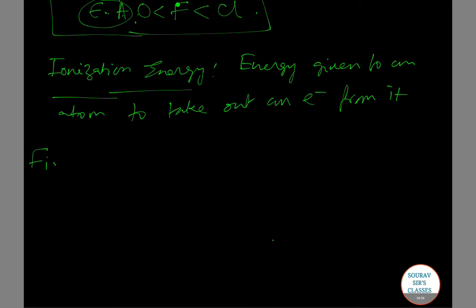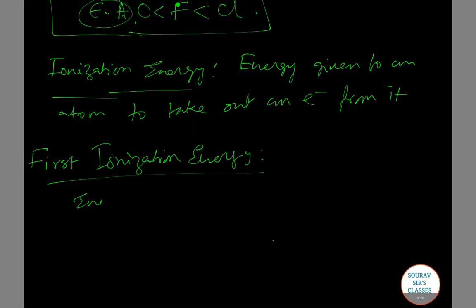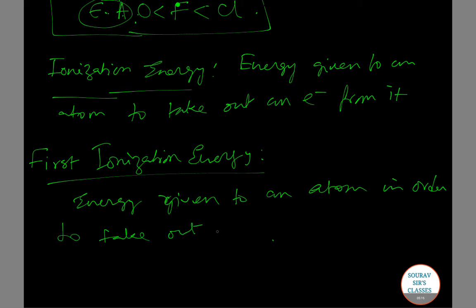And first ionization energy is the energy given to an atom in order to take out its first electron, or its valence electron.